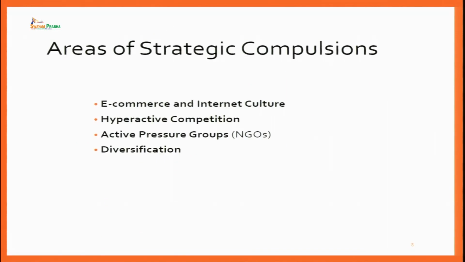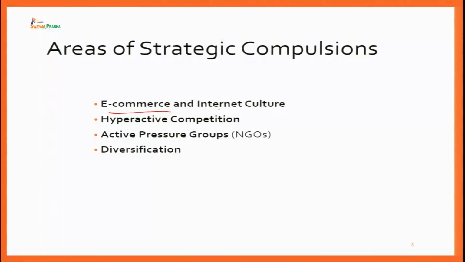Now let's look at some of the areas of strategic compulsion, like e-commerce and internet culture is also becoming so vibrant, and everything is open and available for every next person, just a click away. So if the information is so readily available, I need to be very cautious about the information about my company which is passing across the globe in order to maintain my image and goodwill.